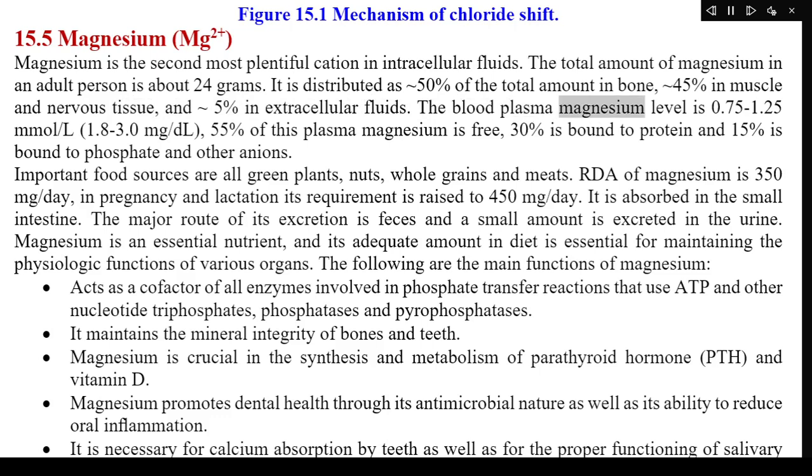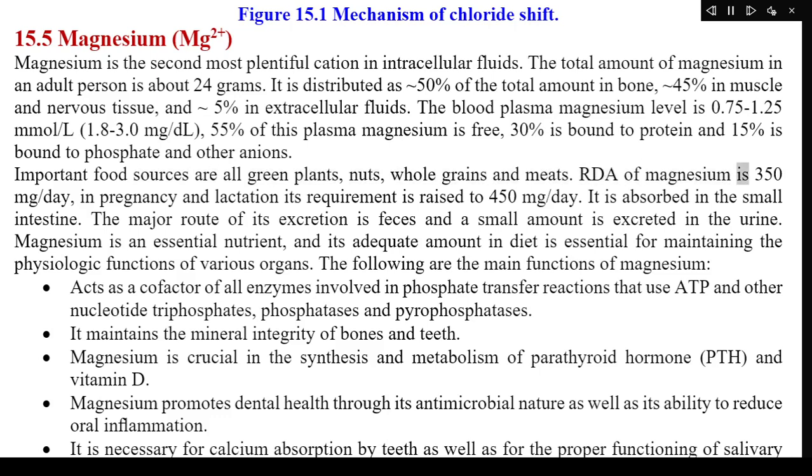The blood plasma magnesium level is 0.75 to 1.25 mmol/L, 1.8 to 3.0 mg/dl. 55% of this plasma magnesium is free, 30% is bound to protein and 15% is bound to phosphate and other anions. Important food sources are all green plants, nuts, whole grains, and meats.